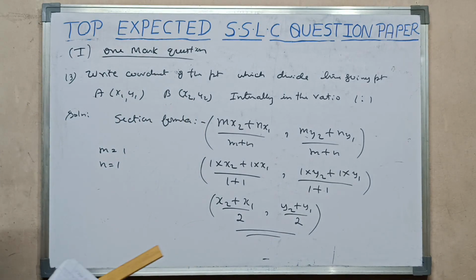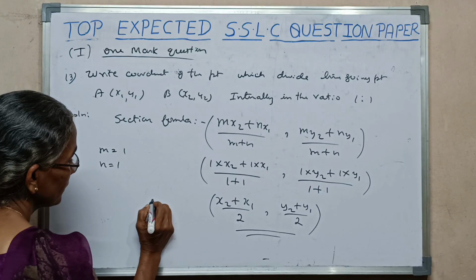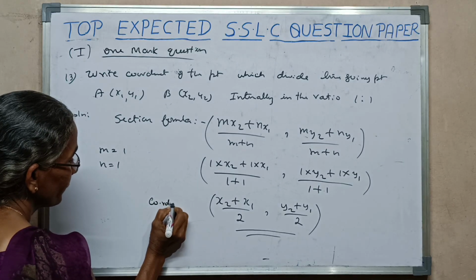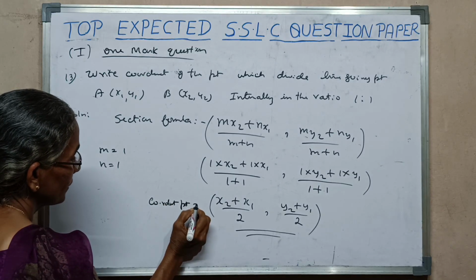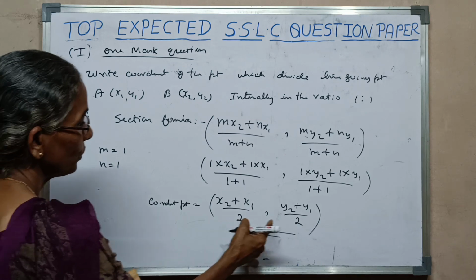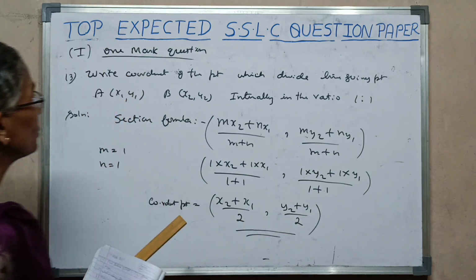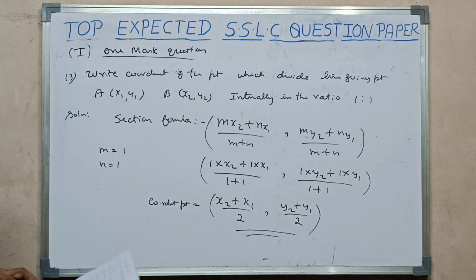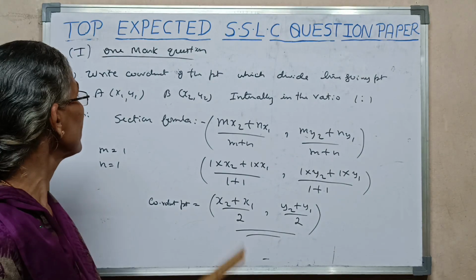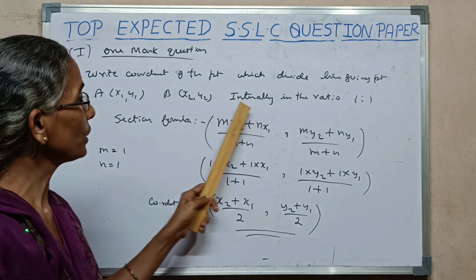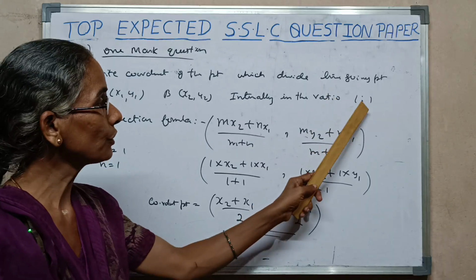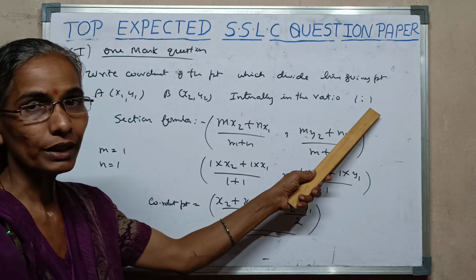Write the coordinates of the point. So the coordinates of the point are (x2 plus x1) divided by 2, (y1 plus y2) divided by 2. Coordinates of the point which divides the line joining points A (x1, y1), B (x2, y2) internally in the ratio 1:1. Here m is 1, n also 1.